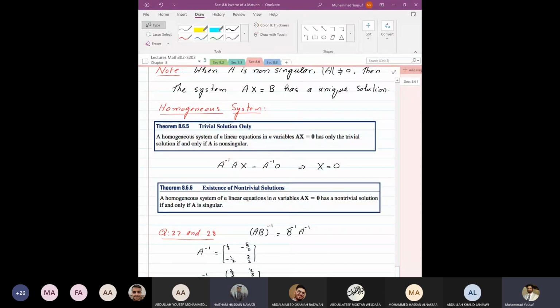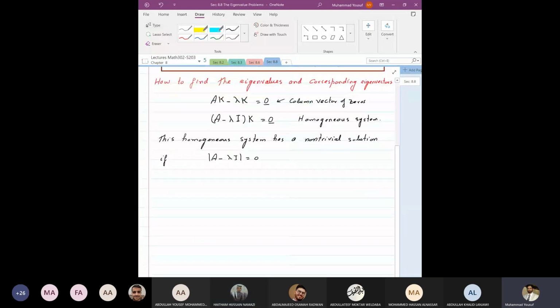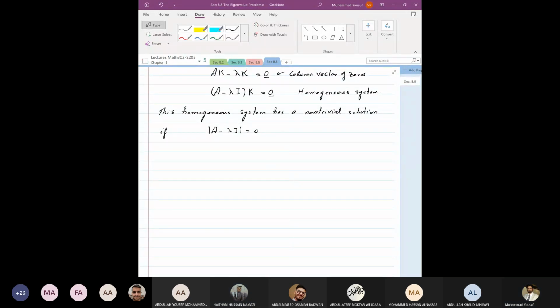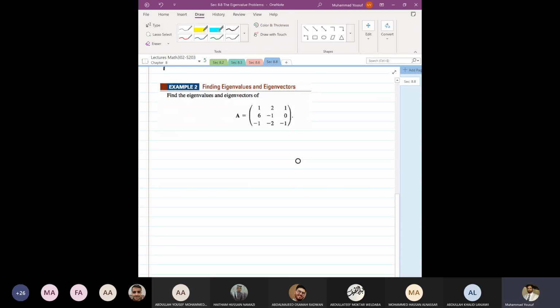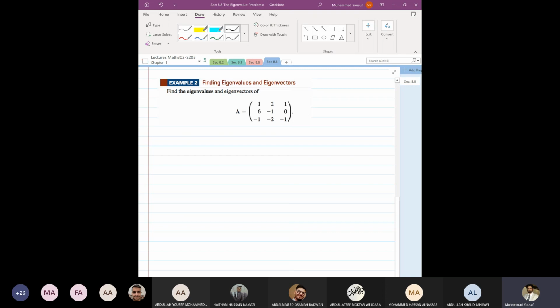Okay, thank you. Now, let us do this example. This is example number 2 in your book. So, what is the determinant of A minus lambda I?